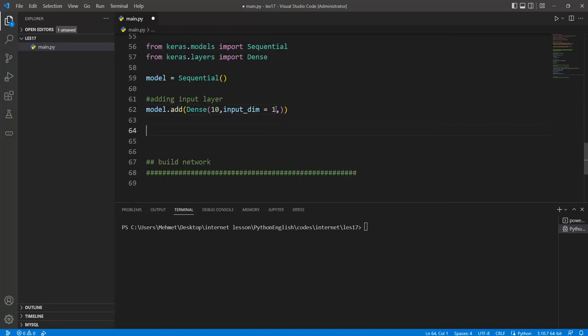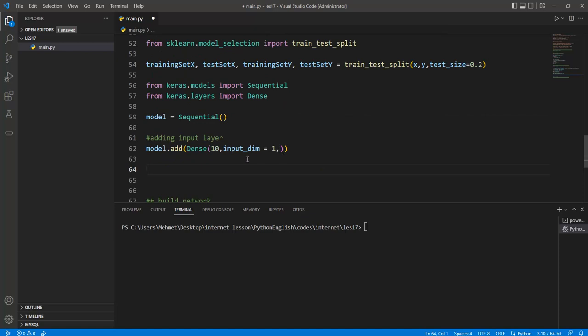In the first place, we have one input layer with one neuron, and then we add 10 neurons after that as a hidden layer. The first layer includes only one neuron with one dimension, and we sequentially add 10 neurons to create the hidden layer.